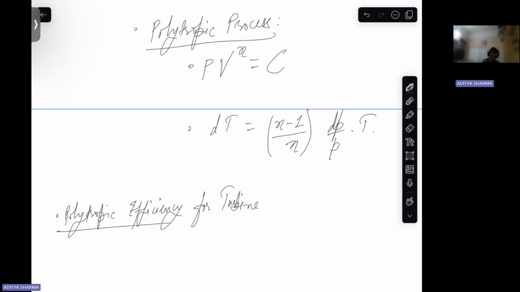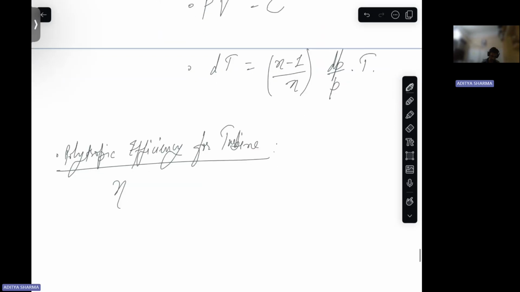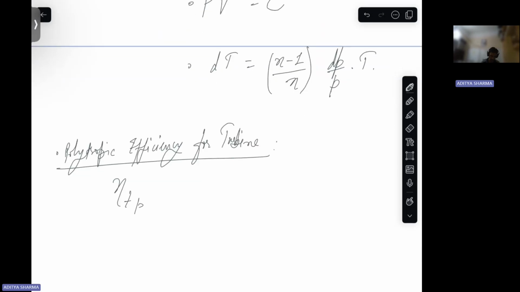First for the turbine, if we represent it with NTP, this basically is real work output by ideal work output.